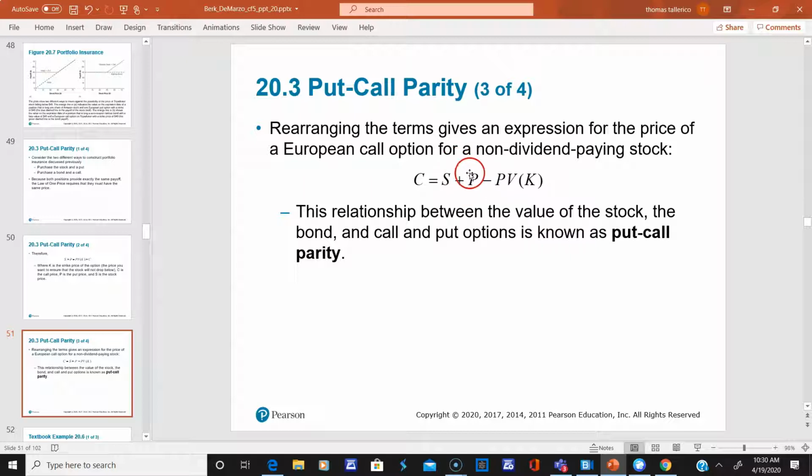Here's the premium on the put. Here's the present value of the strike price, which you can easily determine, and that automatically gives you the price of a call. So this is called put-call parity, and once you know the price of a put, you automatically know the price of a call.